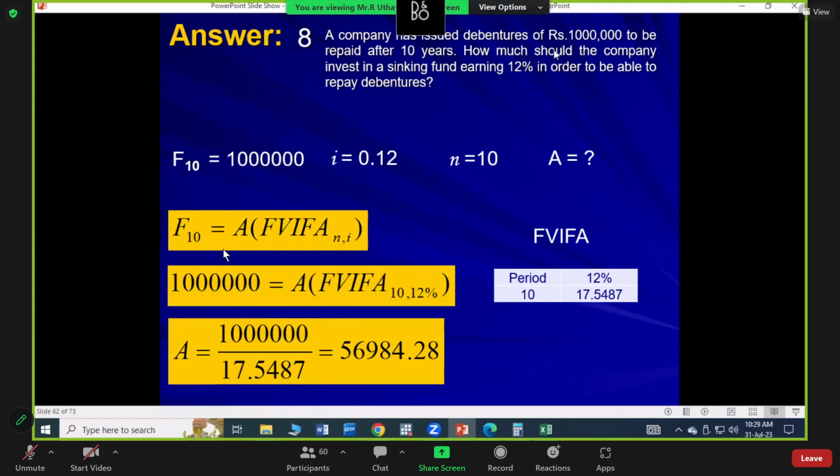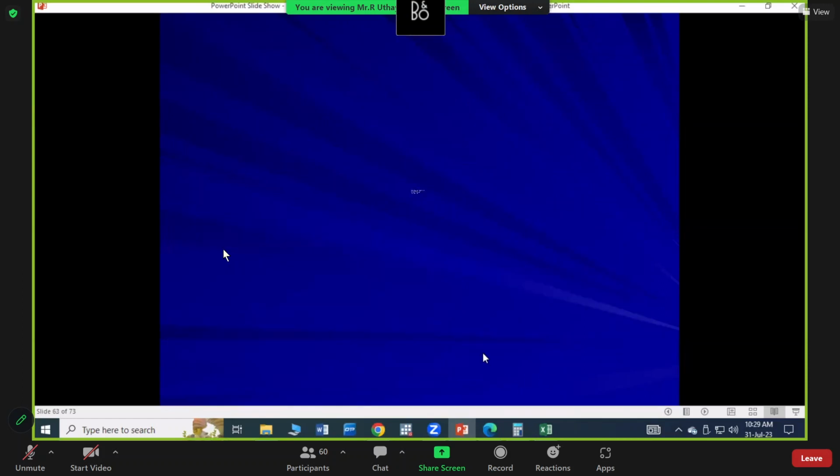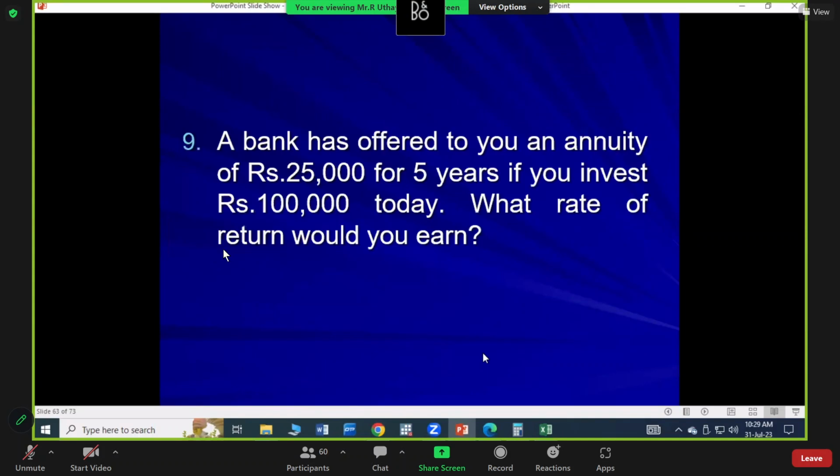By realizing the investment, they can earn that money and pay the deposits. So this is called a sinking fund. Right? You take down this and attempt the answer.